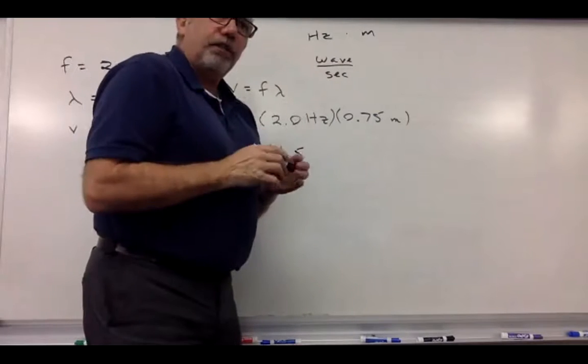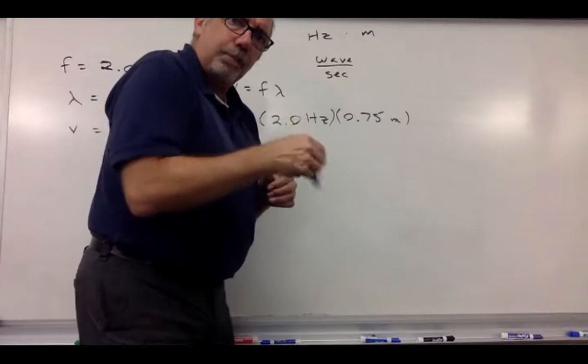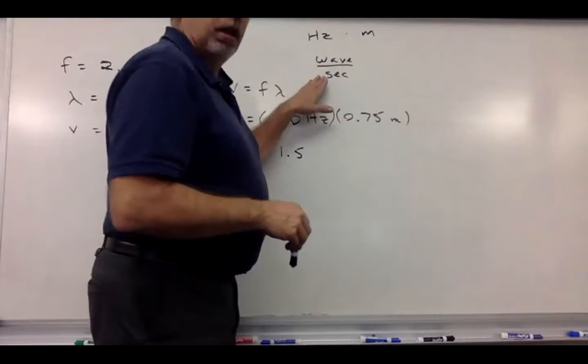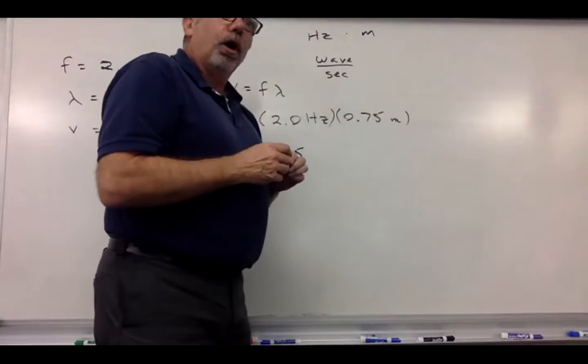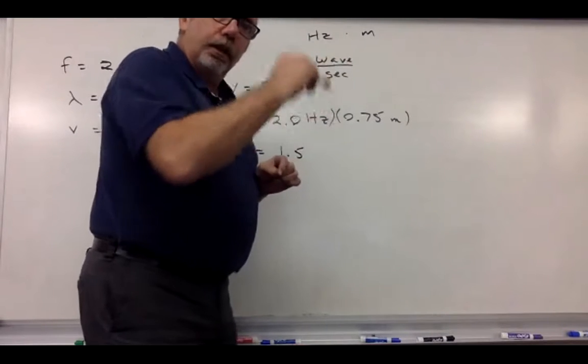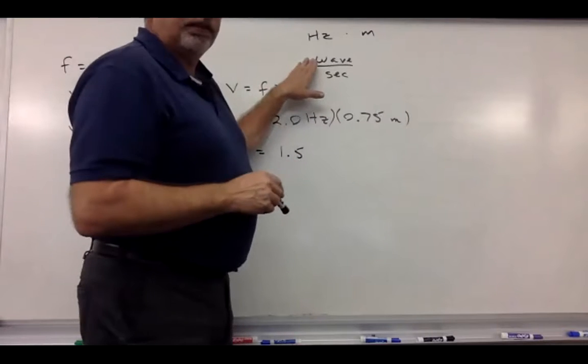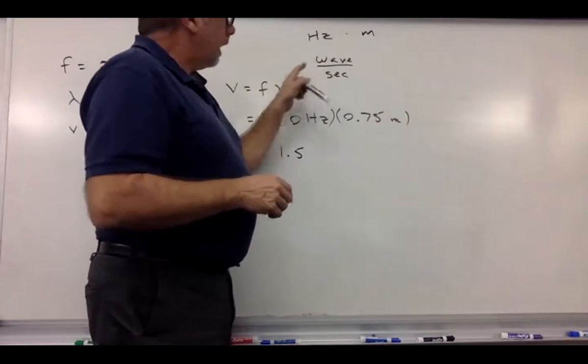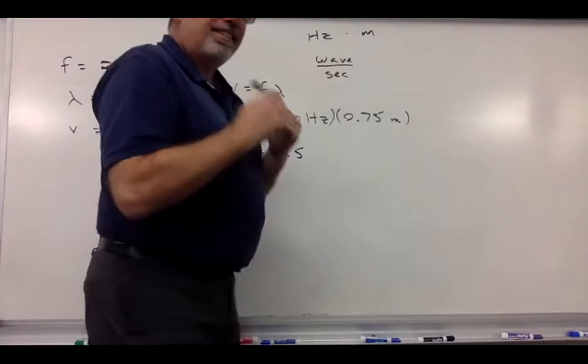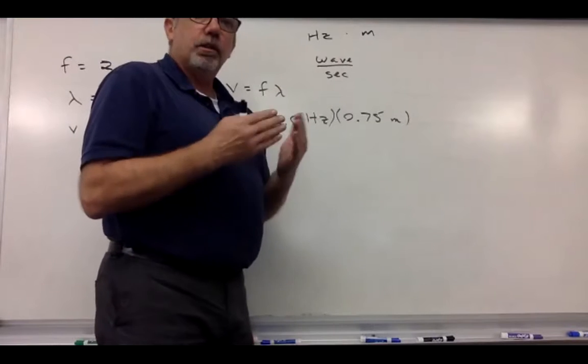But it could be something else. If it were a pendulum oscillating back and forth, it would be a cycle per second. If it were the moon orbiting the Earth, it would be an orbit per second. So the numerator can be different things, and actually the numerator does not have a dimension.